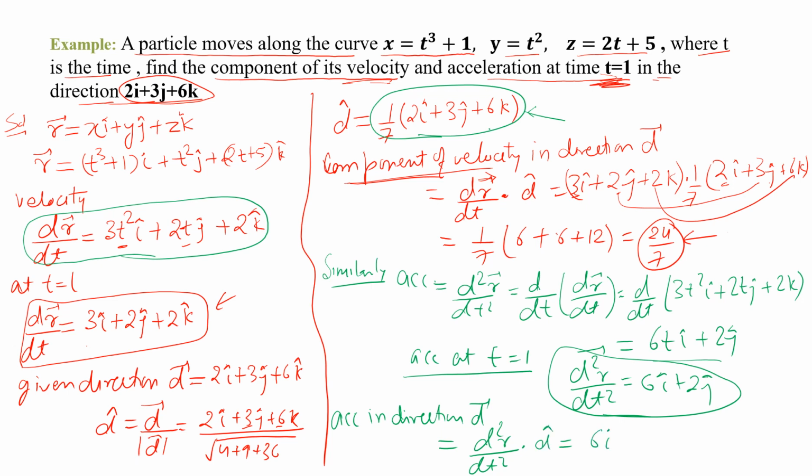So here we get (6i plus 2j) dot 1 by 7 times (2i plus 3j plus 6k). We get 6 into 2, that is 12, plus 6, which is 18 by 7. In that way we can find the component of the velocity and acceleration in that direction.